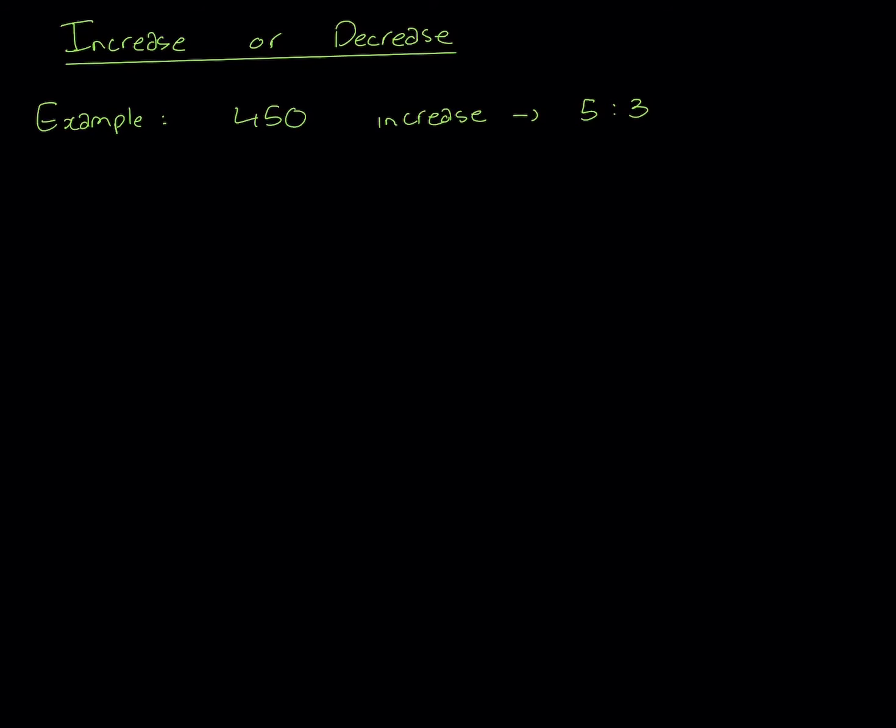What you do is you say 5 over 3 times 450, which will give you 2250 over 3, which gives you 750. Let me just check that. 2250 divided by 3, yeah, 750.